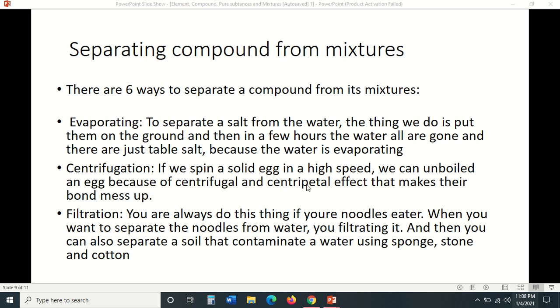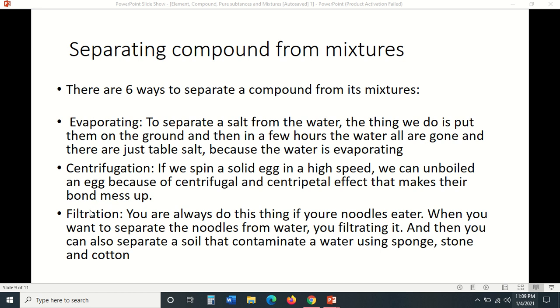And if I'm also spinning them, their molecules will vibrate, and this will make an egg become liquid again. Because if we freeze it, it will become more solid. And if we boil it again, it is still solid.